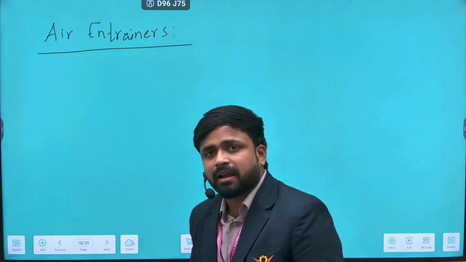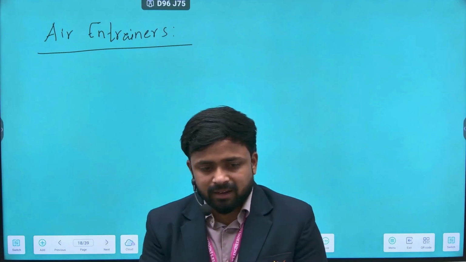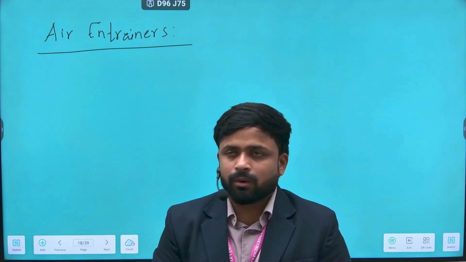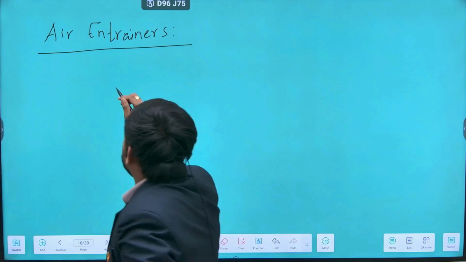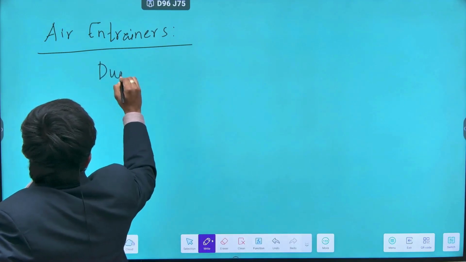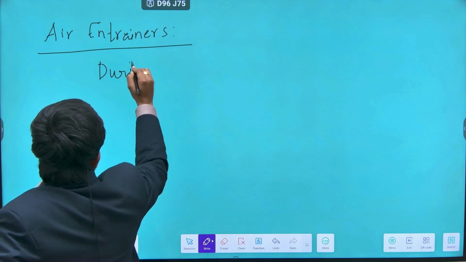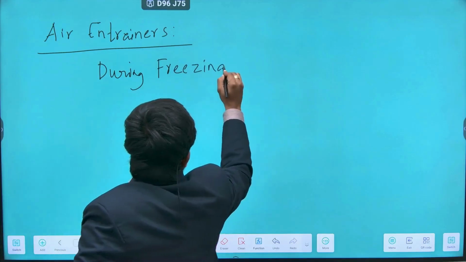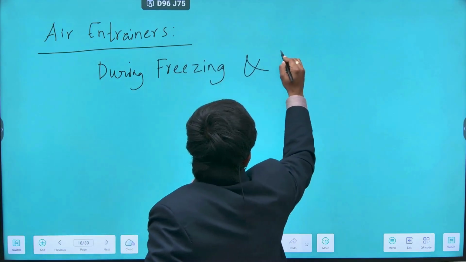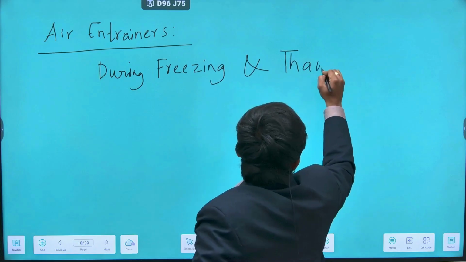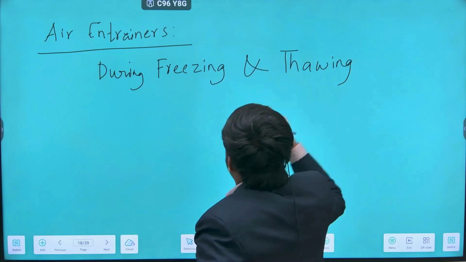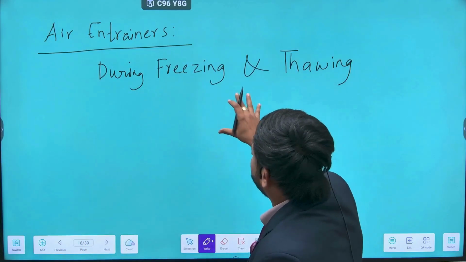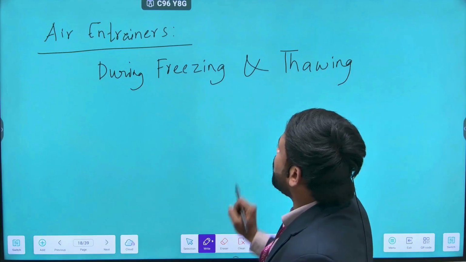And when temperature increases again, the volume of water decreases. Here the problem is how my concrete behaves during freezing temperature and thawing. So how do I reduce the problem with water?